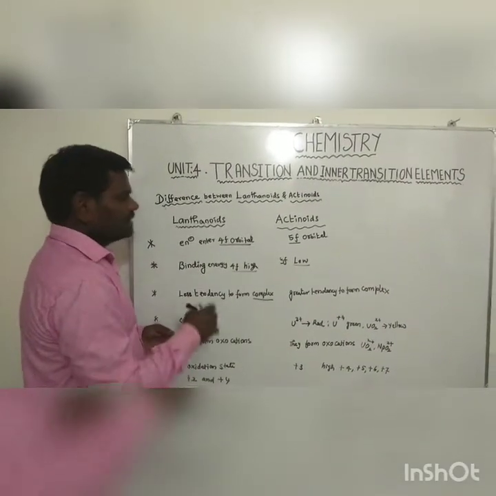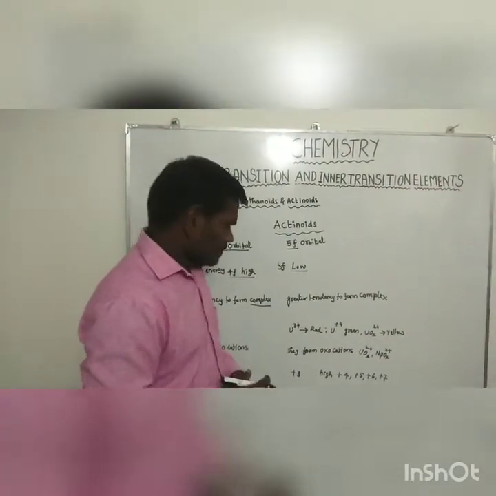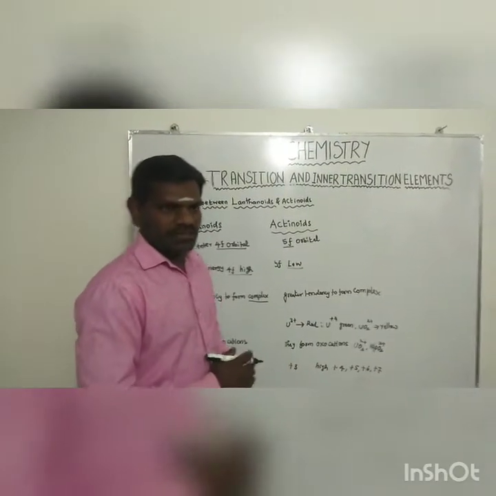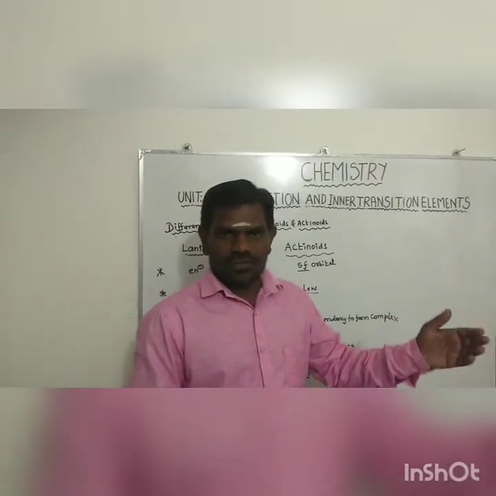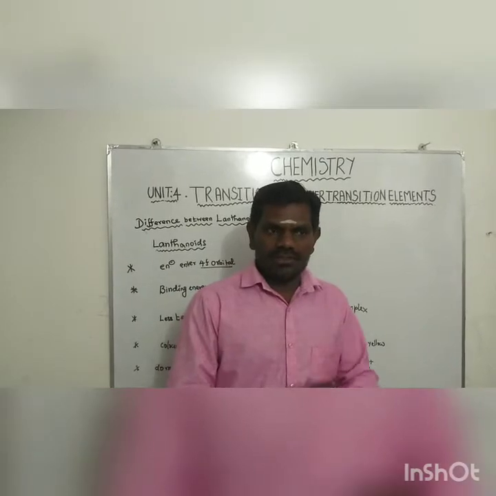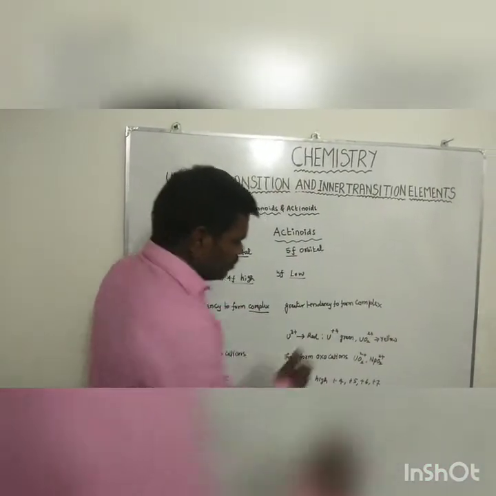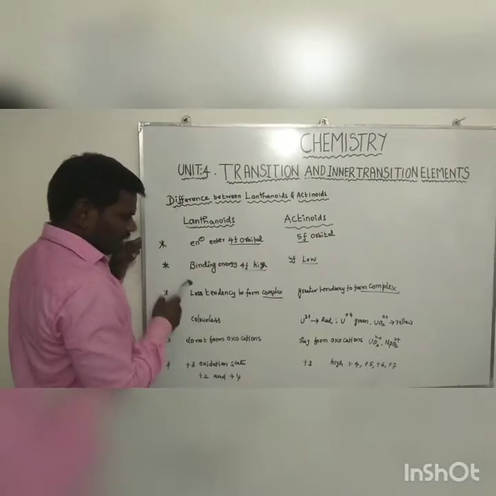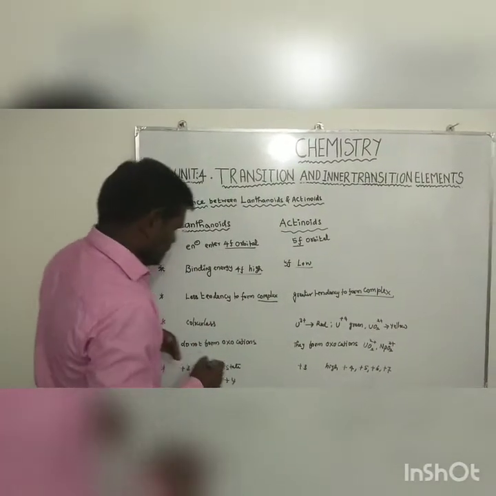So there is less availability for complex formation in lanthanides, but actinides have a greater tendency to form complexes, because the 5f orbital is in the outermost shell and is easily involved in bonding. So it is easy to form complexes. Greater tendency to form complexes in actinides, but less tendency in lanthanides.